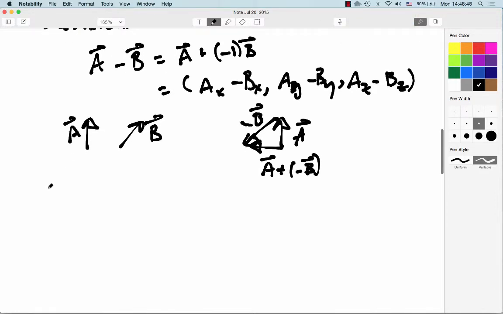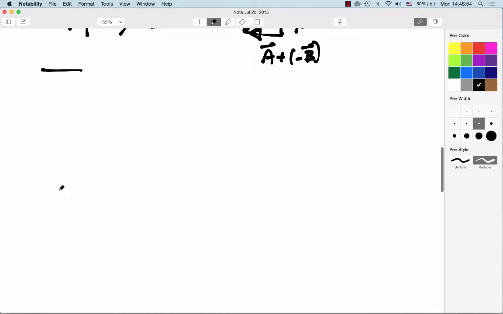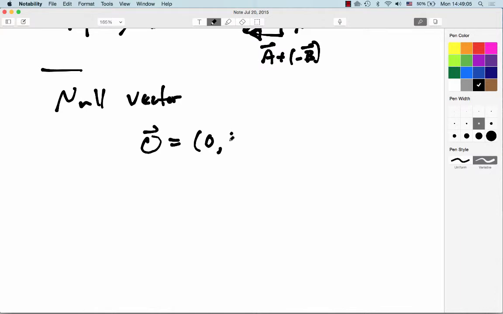Okay, we do also need to have some sort of additive identity. The additive identity gets called the null vector. Usually it gets cleverly written as 0 with a little vector over it, and it is 0, 0, 0. There's no defined direction.